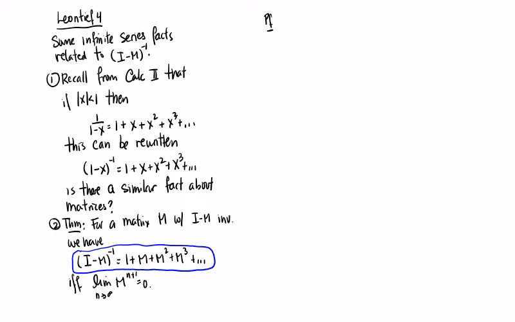So the proof goes as follows. This equation, the one in blue, can be written as: if (I - M) inverse is that sum, then I can write this. All right, those are equivalent.